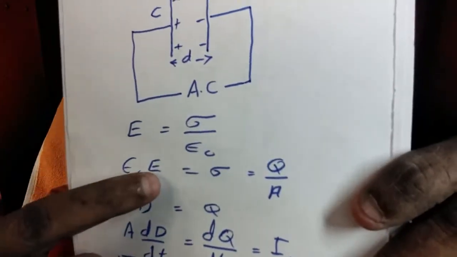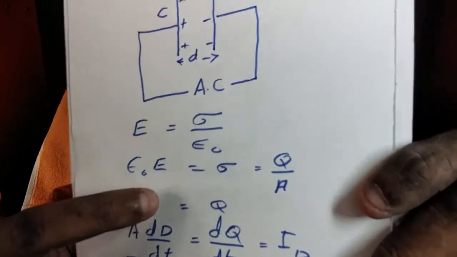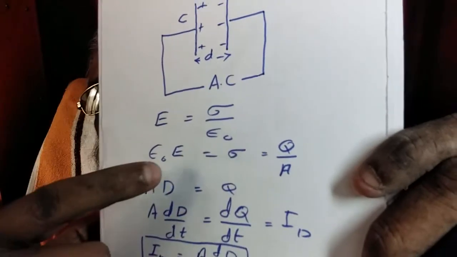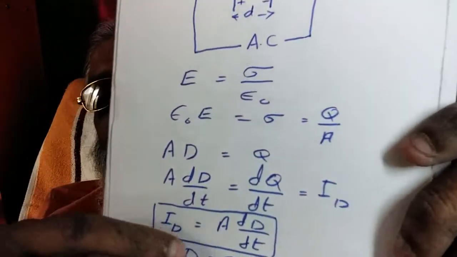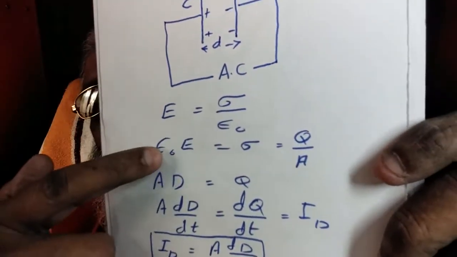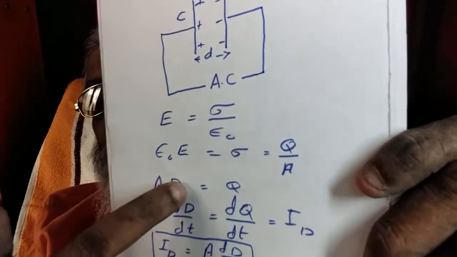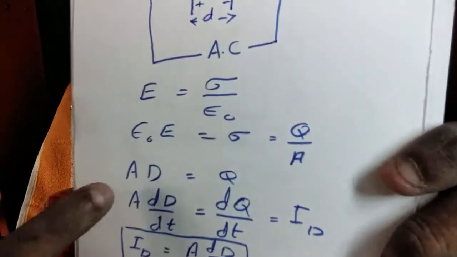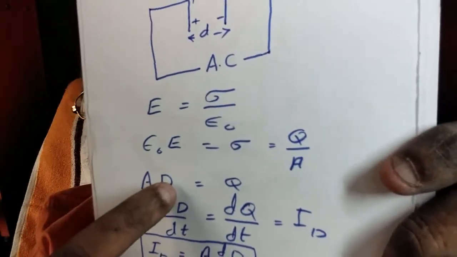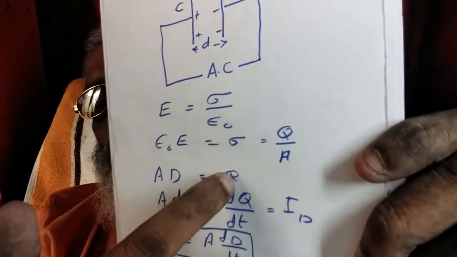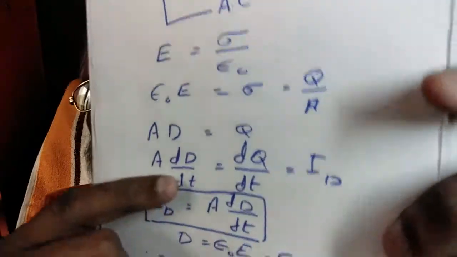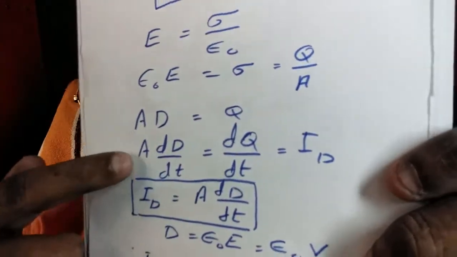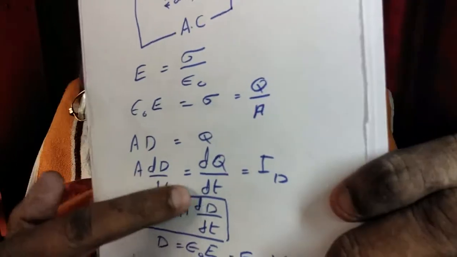Epsilon 0 into E, we call it electric displacement, capital D. Cross multiplying, you get A into D equals Q. You differentiate this equation.